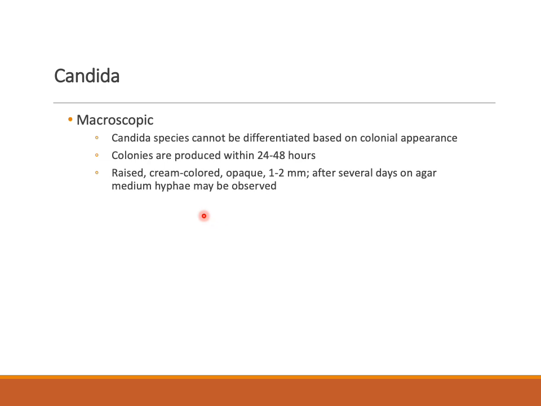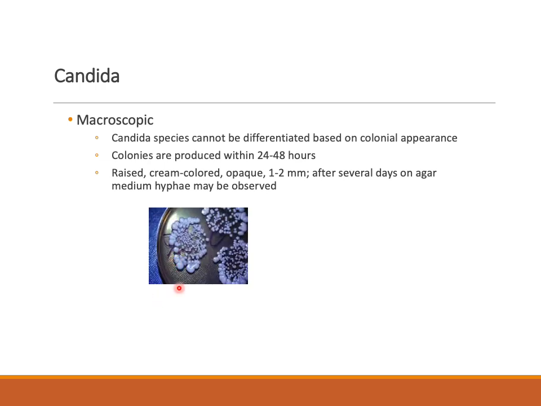This is the description: cream colored, opaque, 1 to 2 millimeters. This is SDA. What is SDA again? It's Sabouraud dextrose agar. That's the yeast colony that you have there. You can also grow it on blood agar. So this is a blood agar plate, and these are the Candida colonies.